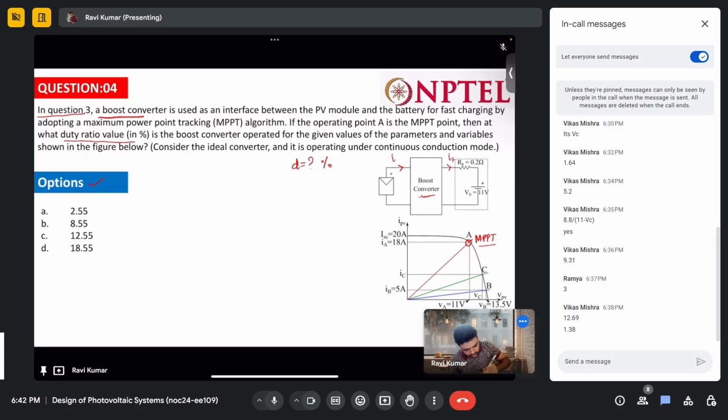We have I at MPPT on the PV side, then we have V MPPT on the PV side. How much is it?